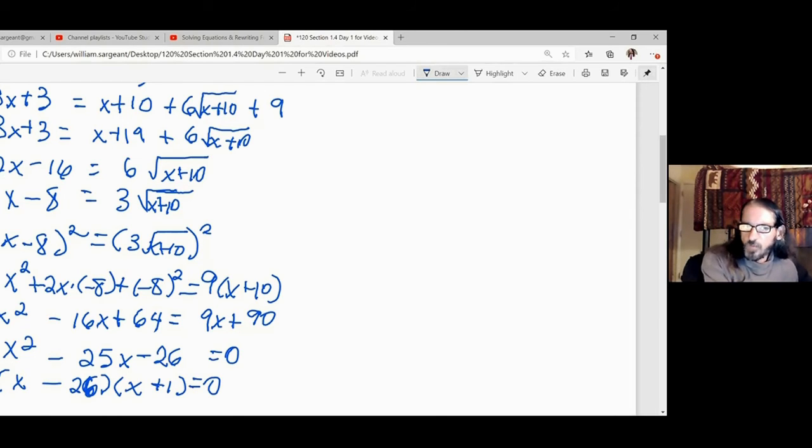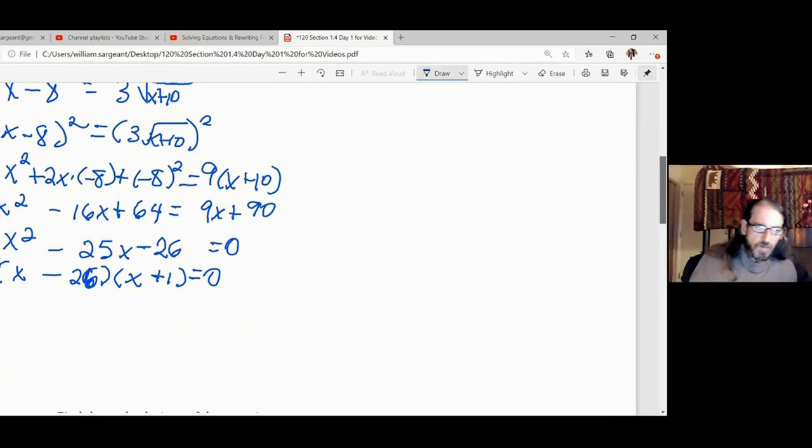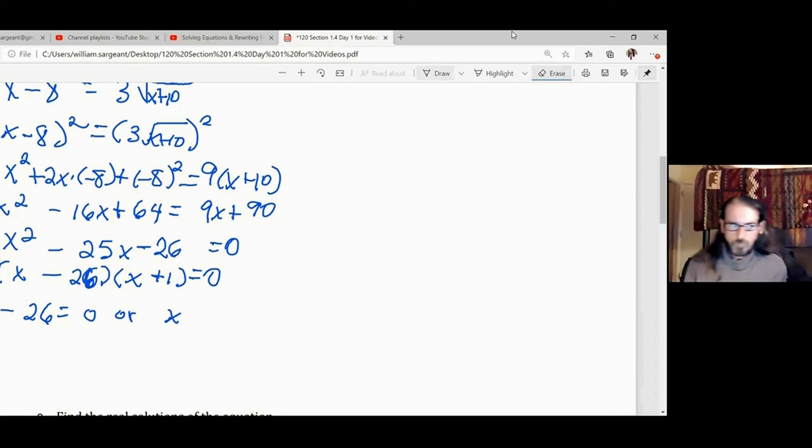Setting each factor equal to 0 and solving for x, we've got that x is equal to either 26 or negative 1.